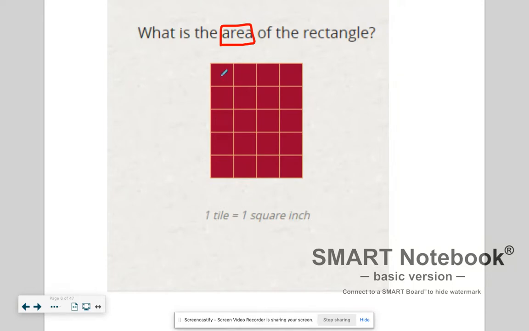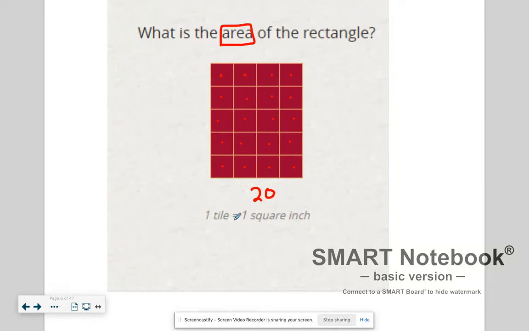So let's go ahead and count. 1, 2, 3, up to 20. So there are 20. Now let's look at our key down here.